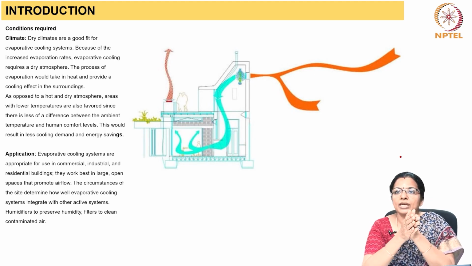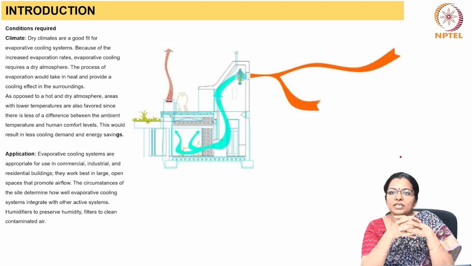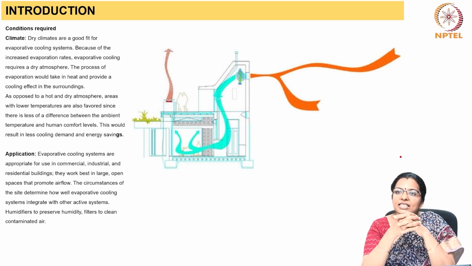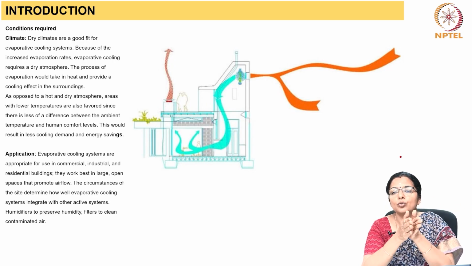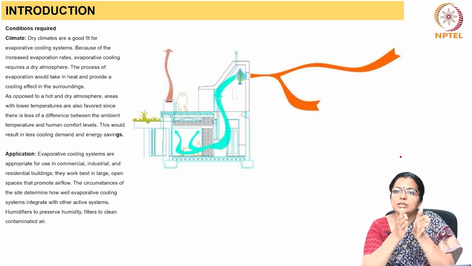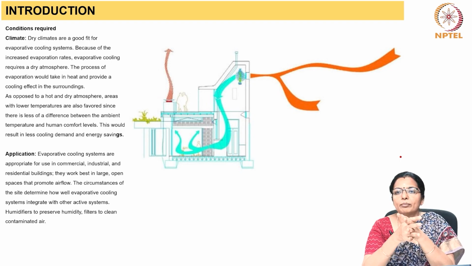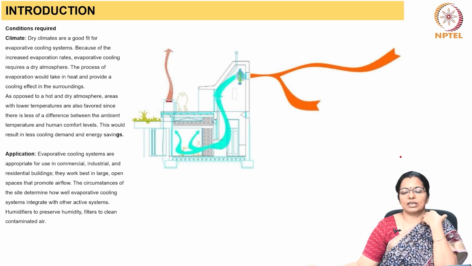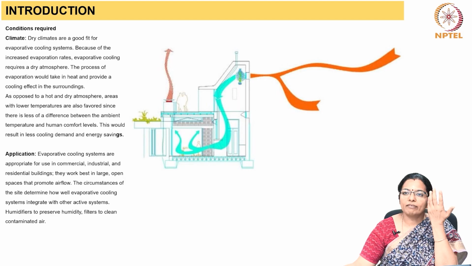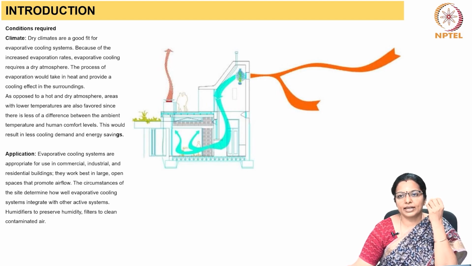As opposed to the hot and dry atmosphere, areas with low temperatures are also favored, since there is less of a difference between the ambient temperature and human comfort levels. This would result in less cooling demand and energy savings. Let us look at the application. Evaporative cooling systems are appropriate for use in commercial, industrial and residential buildings.